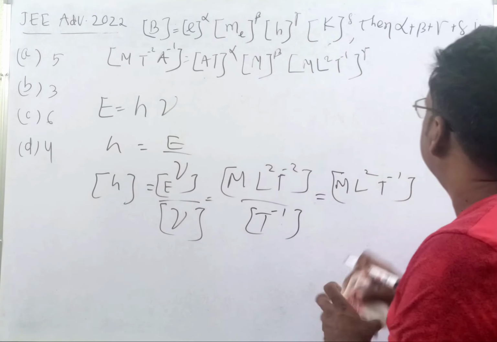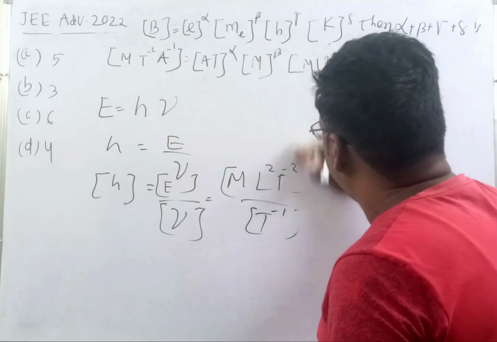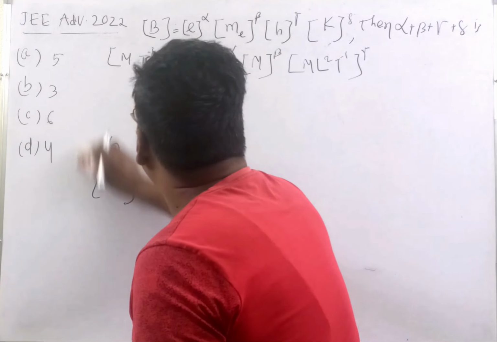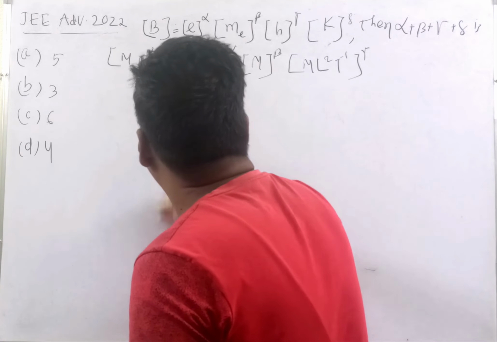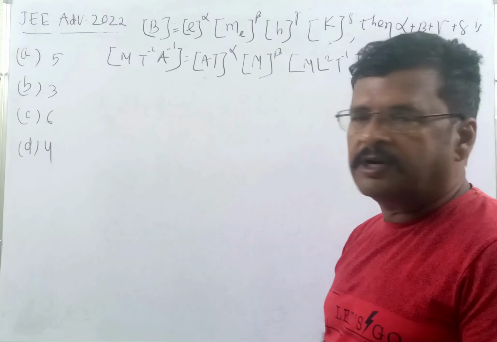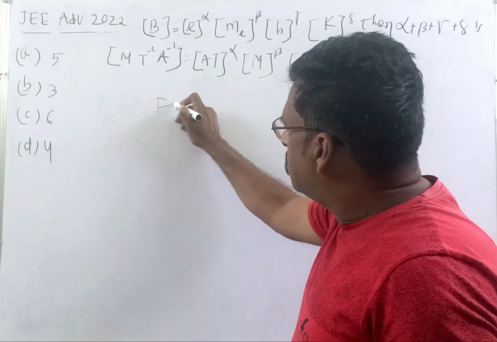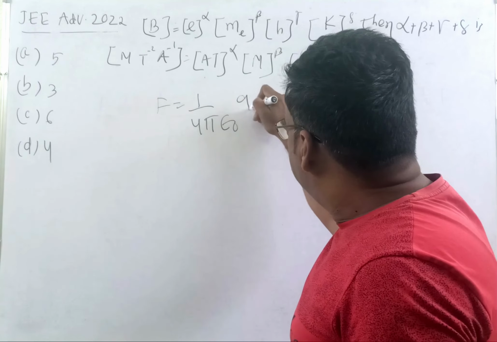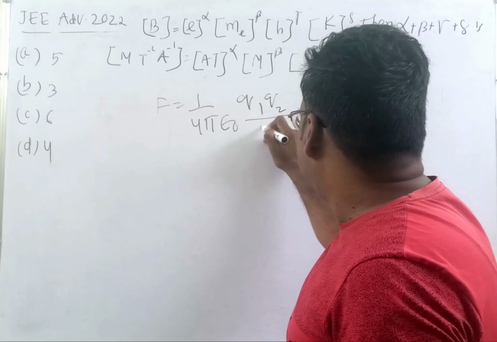And finally, let us find out what is the dimensional formula for dielectric constant k. We can find out the dimensional formula for k from Coulomb's law of electrostatics, student. What is the law? F is equal to 1 by 4 pi epsilon 0 Q1 Q2 by r square.